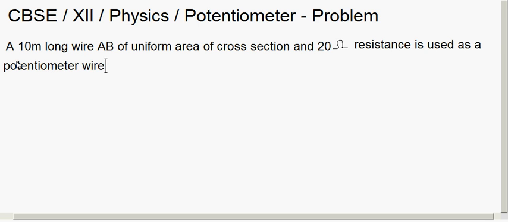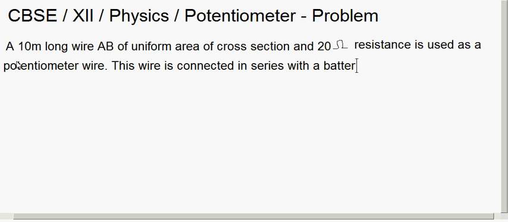This wire is connected in series with a battery of 5 volt and a resistor of 480 ohm.